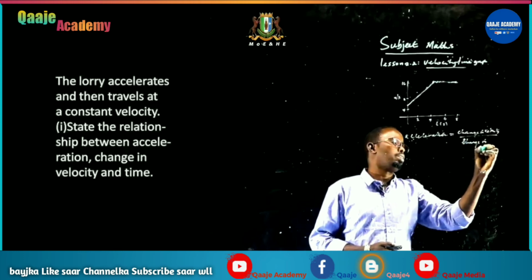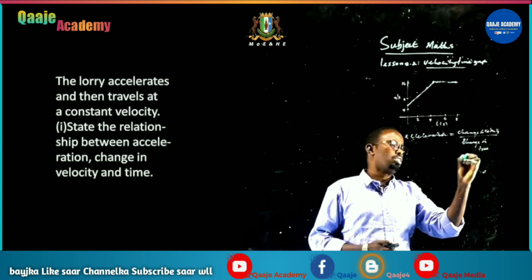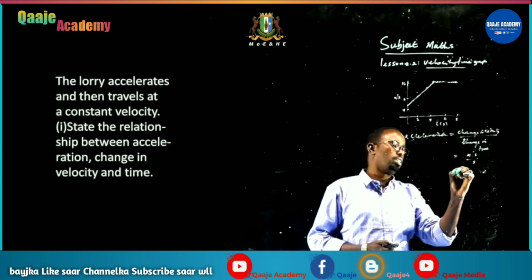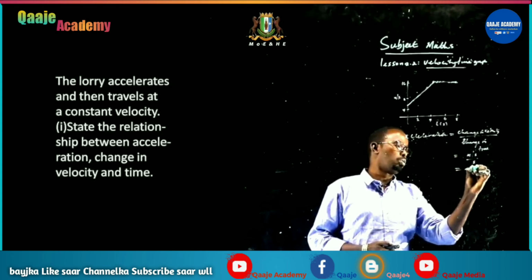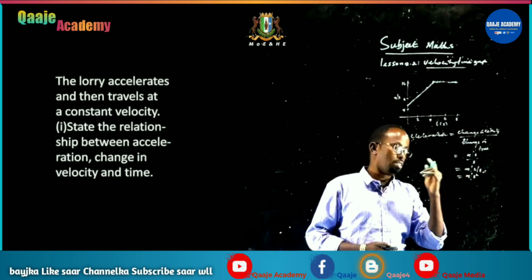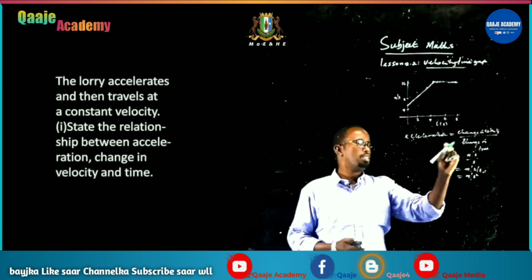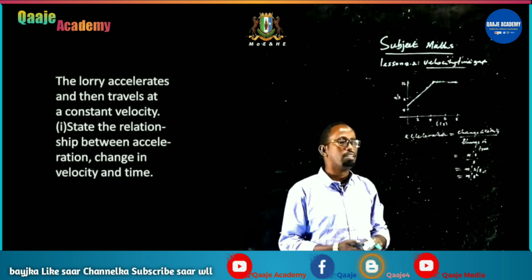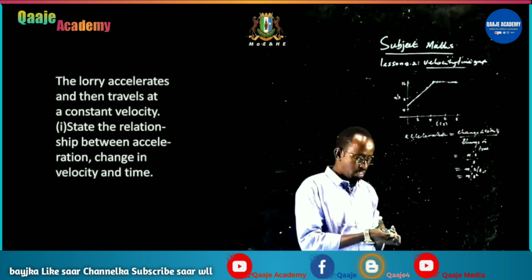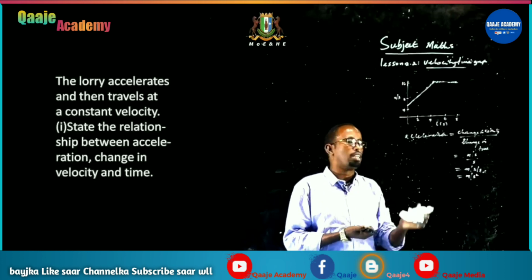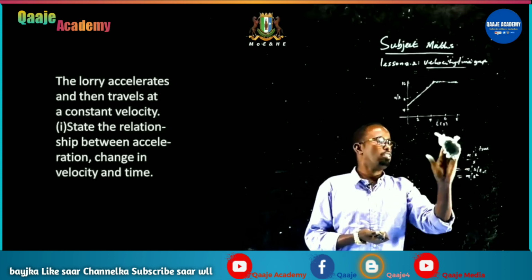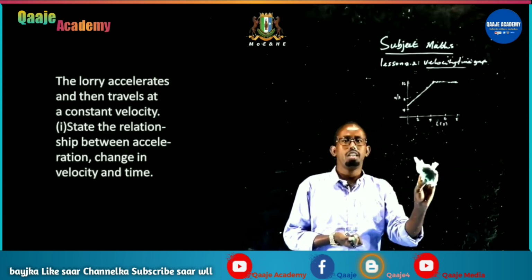So velocity, which is meters per second, divided by second, you get meters per second squared. So the relationship between velocity, acceleration, and time is acceleration will be equal to change in velocity divided by change in time taken.